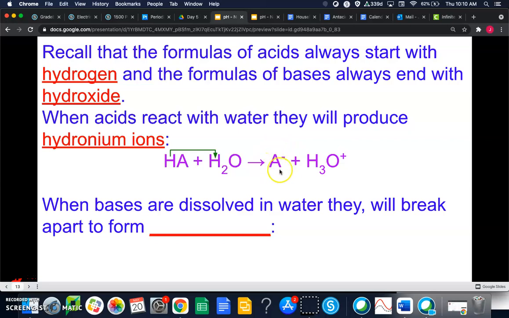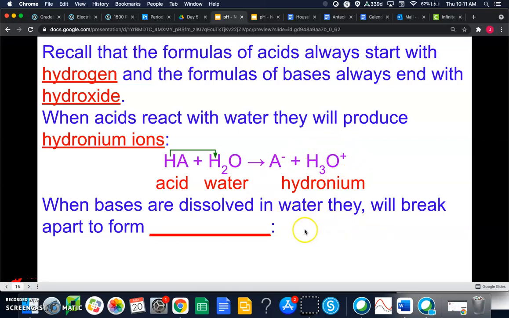So you're going to be left with A minus. So that's just whatever nonmetal was paired with the hydrogen. We're just going to have the negative ion that was paired with hydrogen. And then hydronium, this is hydronium right here, H3O+. So we've got acid reacting with water, and then one of the products is hydronium.